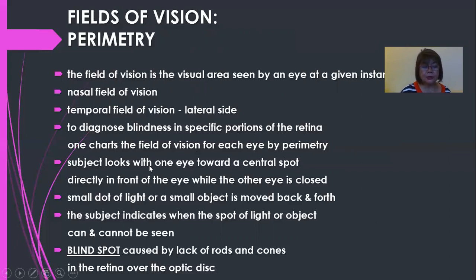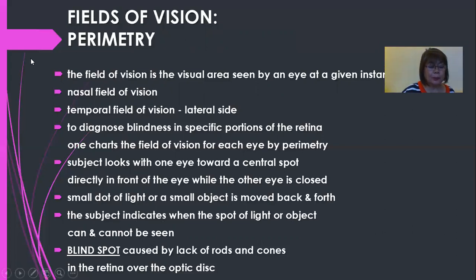The subject looks with one eye toward a central spot, directly in front of the eye, while the other eye is closed. A small dot of light is moved back and forth, and you are asked when the spot of light or object can and cannot be seen while the light is moving in front of the eye.